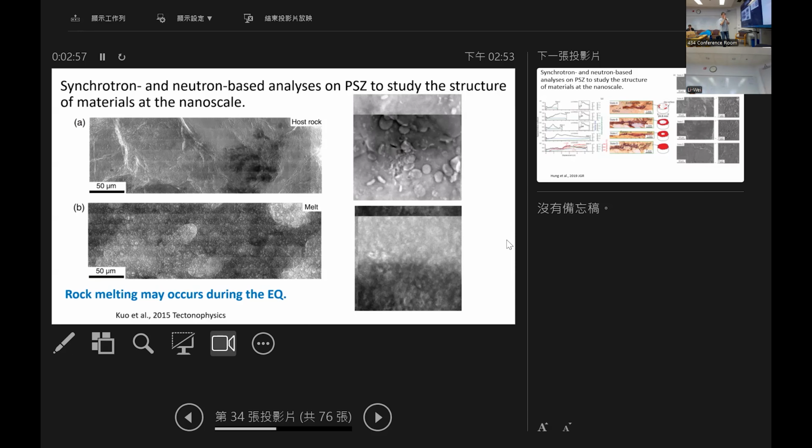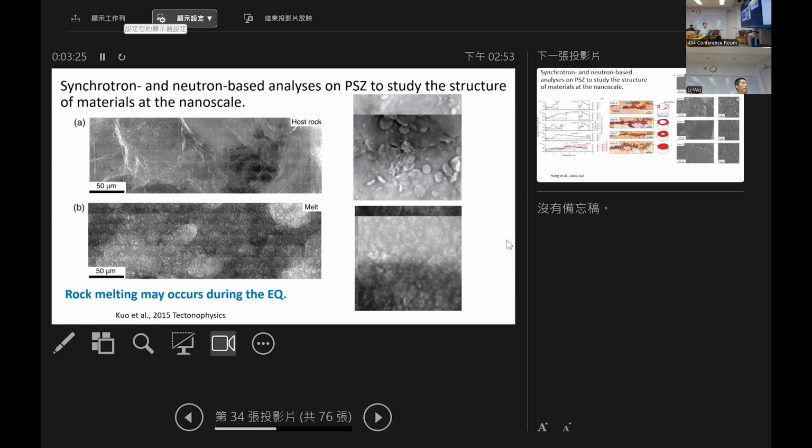So we make a rock slice like this, and we collect a very tiny one to make X-ray penetration possible. We also collect one from the principal slip zone. We found that quartz melts very rounded in that case. So that's why we suggest gouge melting happens, but maybe some rock also melts in that case.